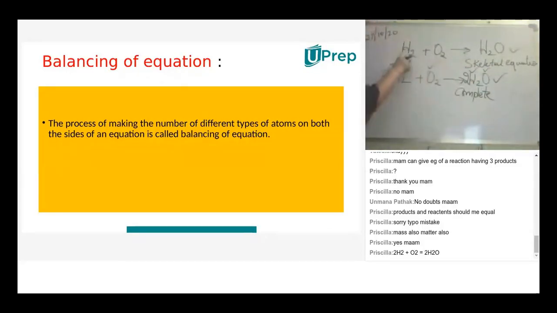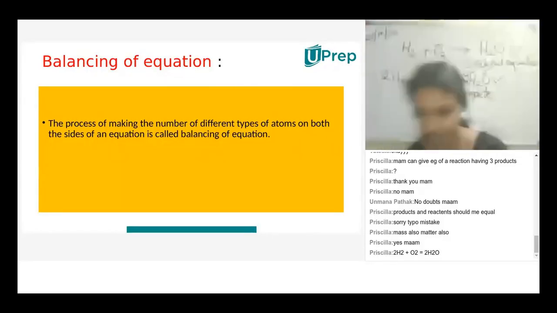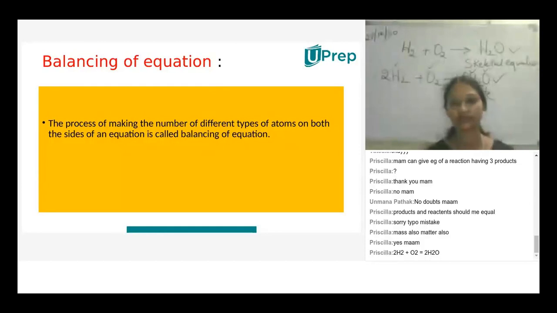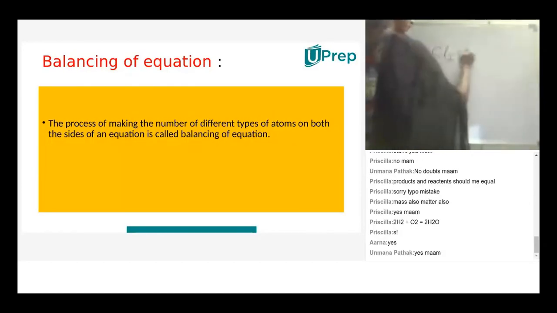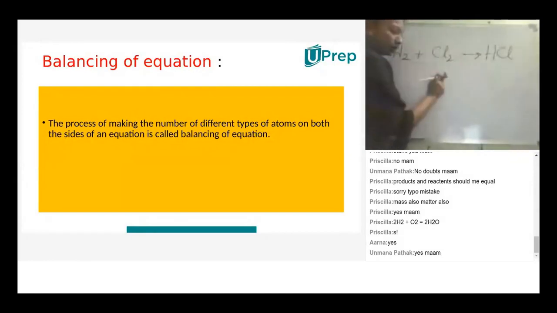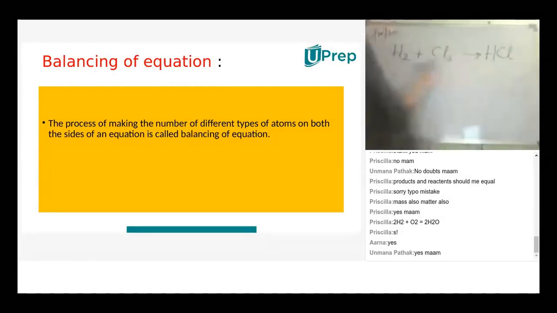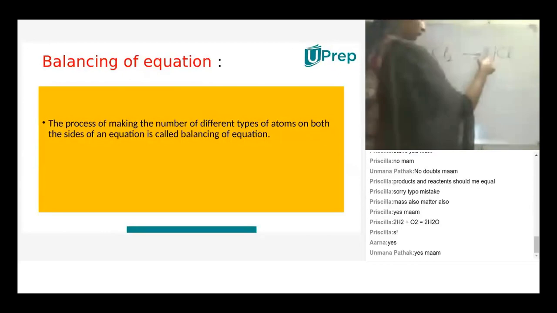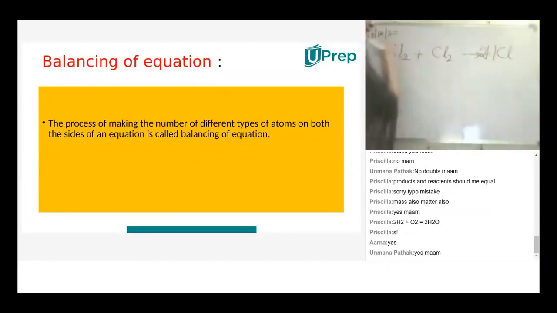Both are correct. Here hydrogen means hydrogen only. Here 2 is not there. There is no change in the property of the equation. Both are correct. H2, Cl2 gives rise to HCl. Hydrogen gas and chlorine gas combine to form hydrochloric acid. The two hydrogens are there, one hydrogen there. So we write 2 here. 2 into 1, 2. 2 hydrogens, 2 hydrogens.